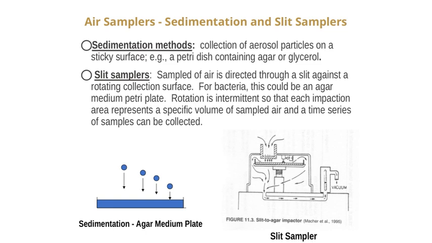The agar medium in the Petri plate is crucial for cultivating bacteria, or other microorganisms present in the air. So, to sum up, sedimentation is straightforward and relies on natural settling, while slit samplers provide a more controlled, time-resolved sampling method.